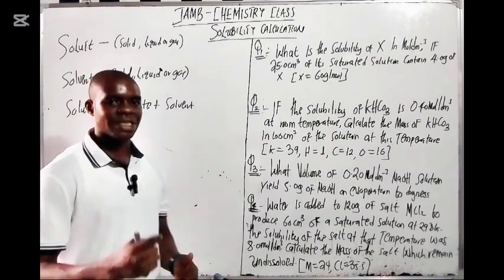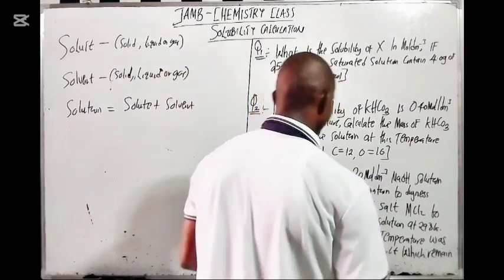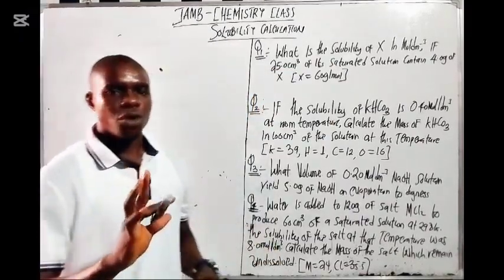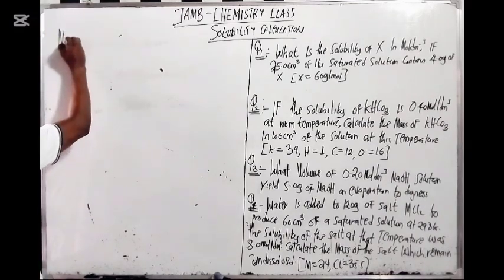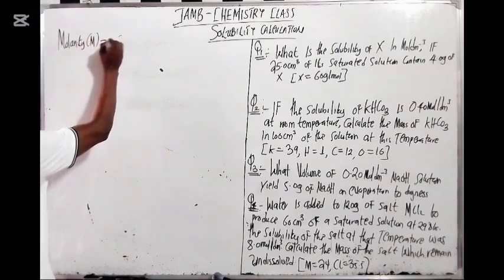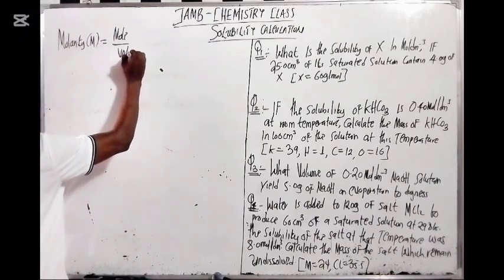But the key thing we want to look at in this video is the calculation aspects. The main reason why I'm creating this video is to master the calculation aspects. And the main calculation aspect I want to look at is called molarity. Molarity, which is n over V, mole over volume.